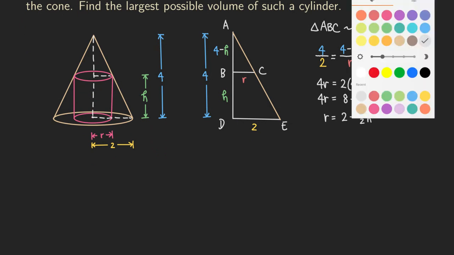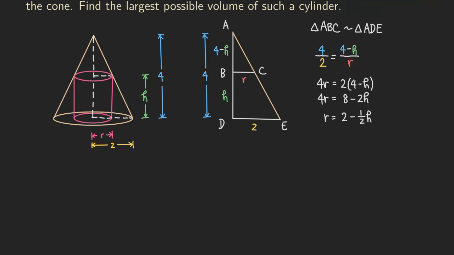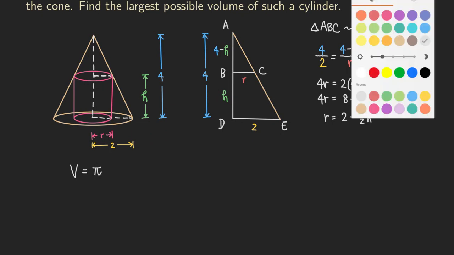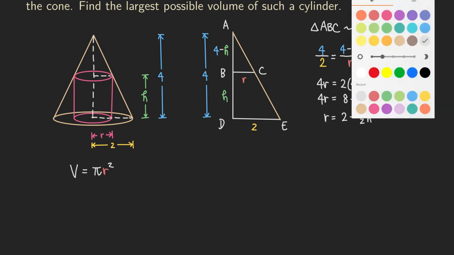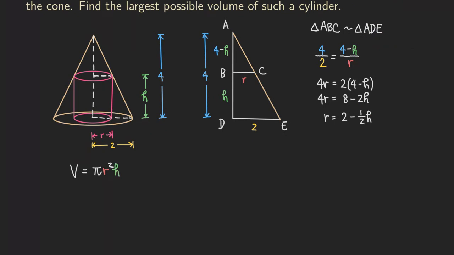Do you remember the formula for the volume of a cylinder? That's V equals pi R squared, which is this R right here, and then the H.